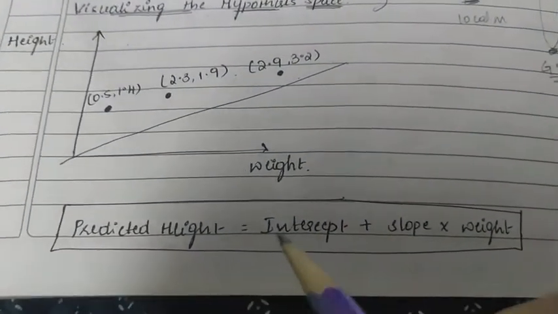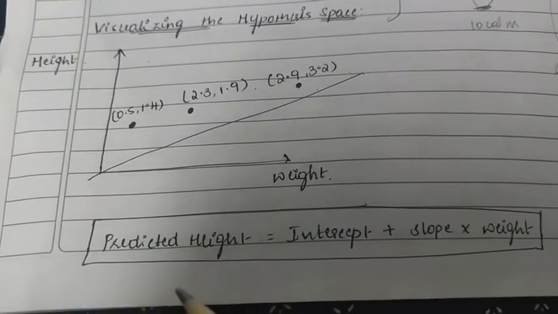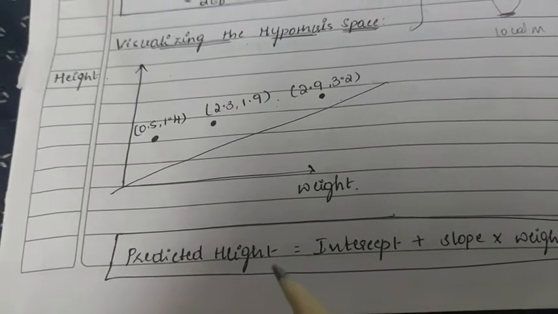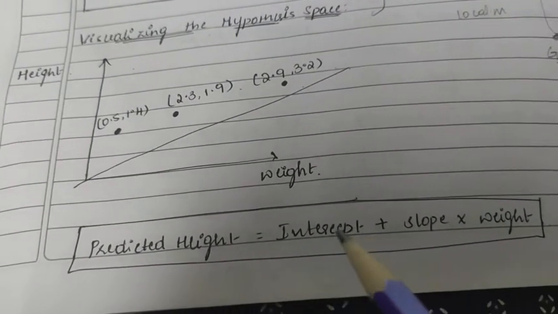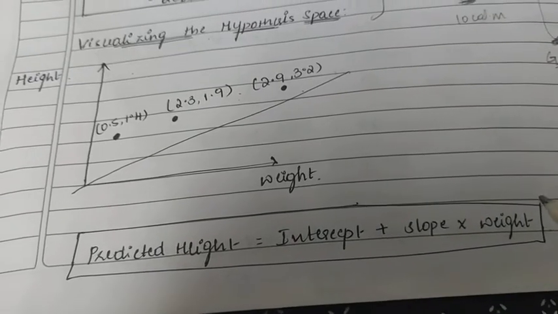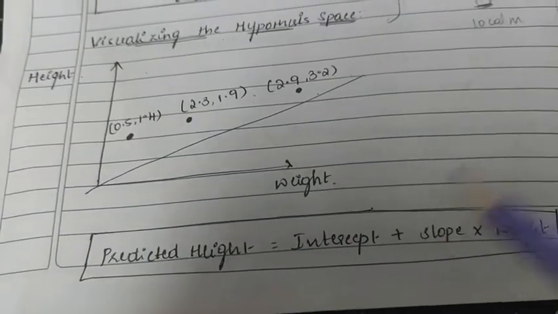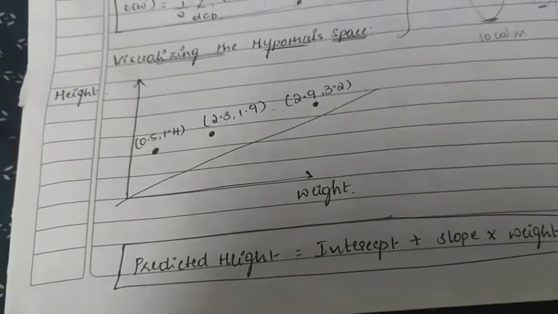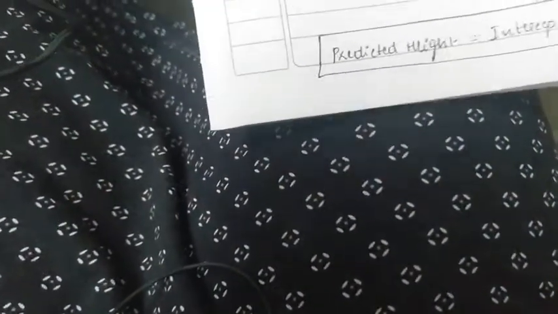Now the formula we are going to use is for predicted height. Here we are going to predict the height parameter we have chosen. The predicted height equals intercept plus slope into weight. We have chosen this formula since it is a linear line.